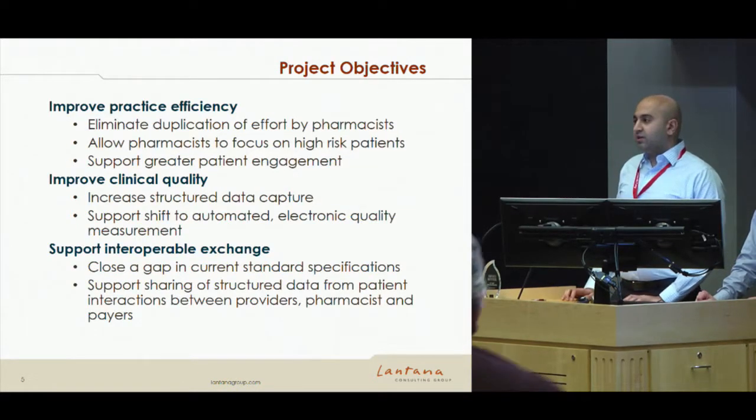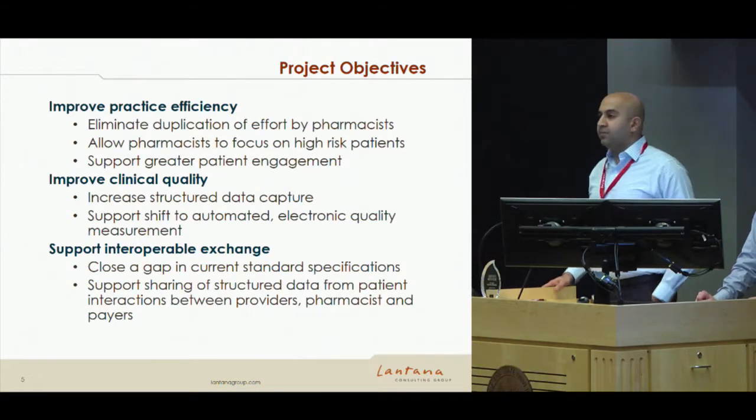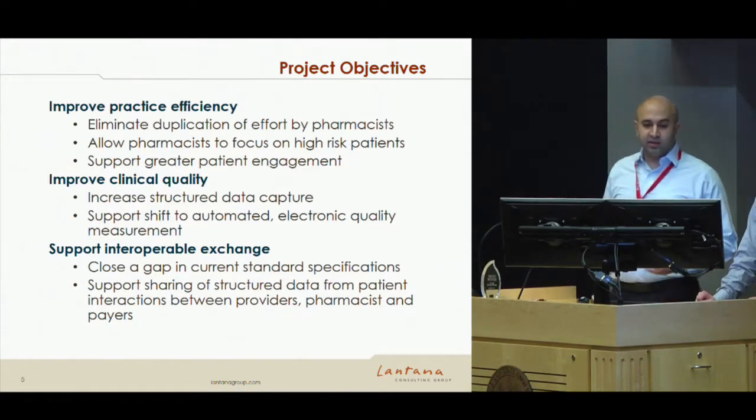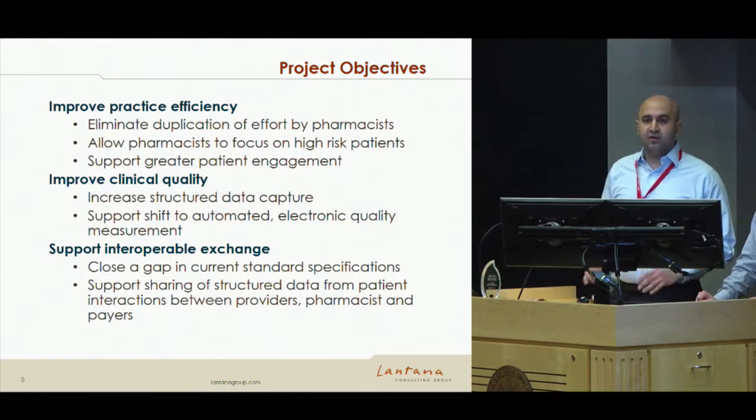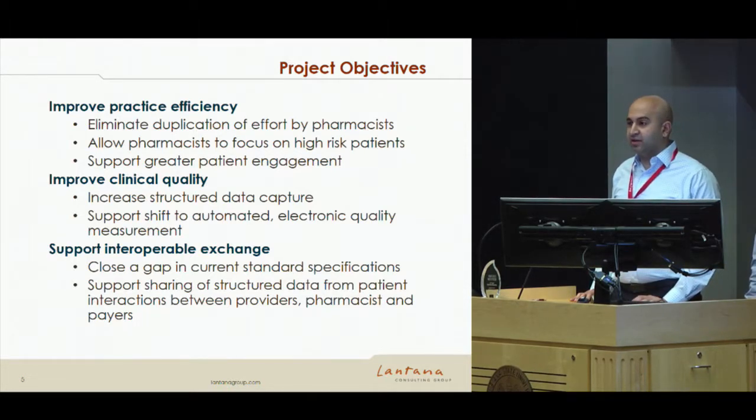So within the project, we had three primary objectives. With this care plan, we wanted to improve practice efficiency. We felt that a lot of the pharmacists were having to duplicate effort, and we wanted to eliminate that. So we felt that an electronic care plan would address that.